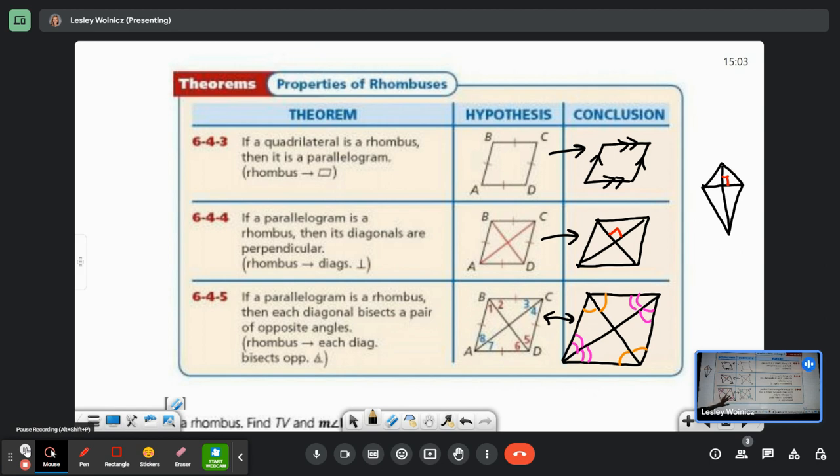If you have a figure and it's marked like this, where if you add these two together and these two together, you get opposite angles congruent, then we know it's a parallelogram. Do you know what I'm saying? And then we've got the diagonals both bisecting the angles, then it's a rhombus.